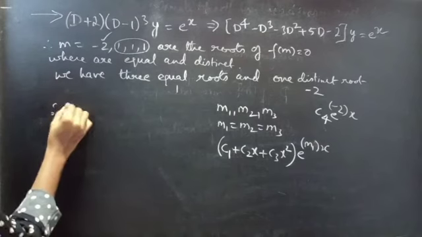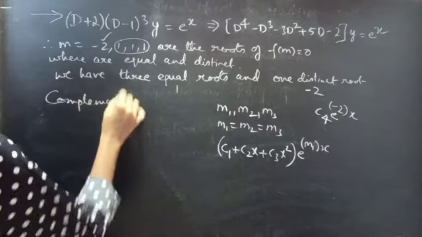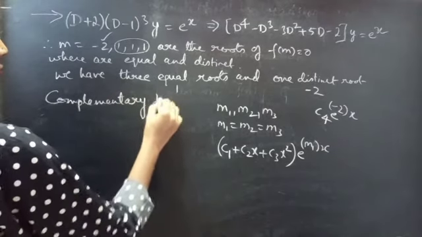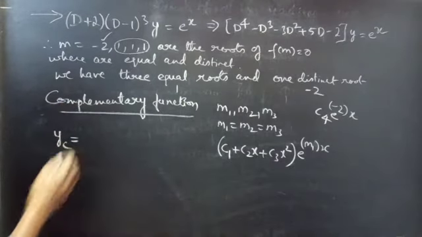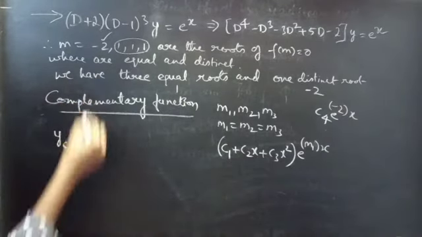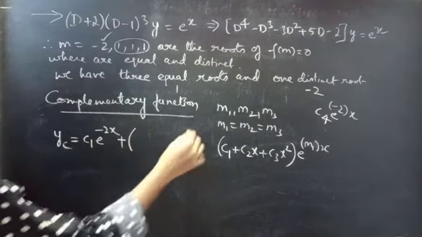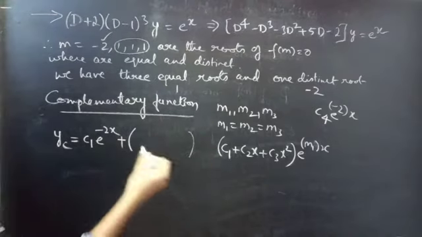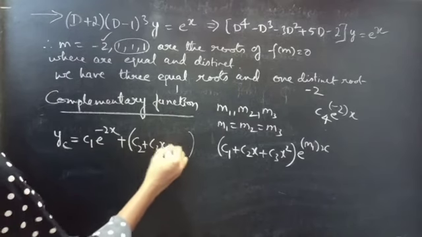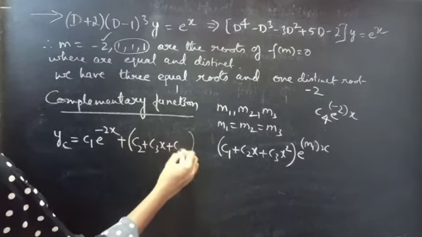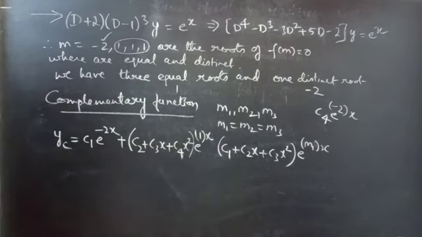Therefore, the complementary function is yc equals to, firstly you can write for the distinct root, c1 e power minus 2x plus, now write for equal roots. You are having 3 equal roots, so you will get 3 constants inside the brackets into e power equal root into x.